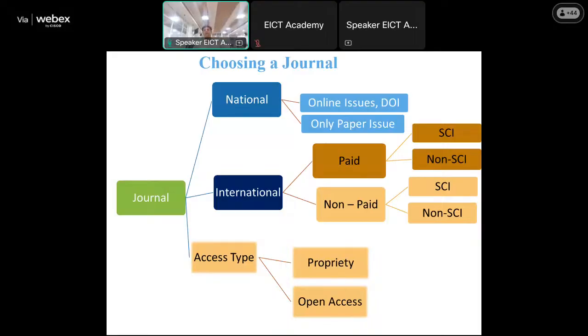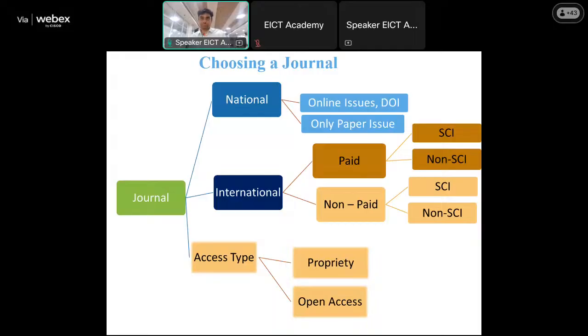Apart from that, there is an important category in a journal. Either it is paid or non-paid, SCI and non-SCI, or you can consider Scopus, Web of Science, whatever. So this is a list prepared by a scientific group which has evaluated journals on certain parameters, whether the journal is of good quality or not.